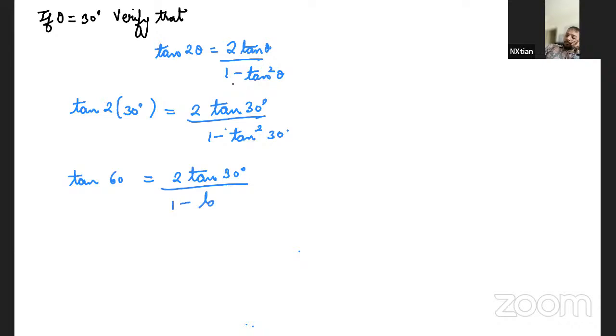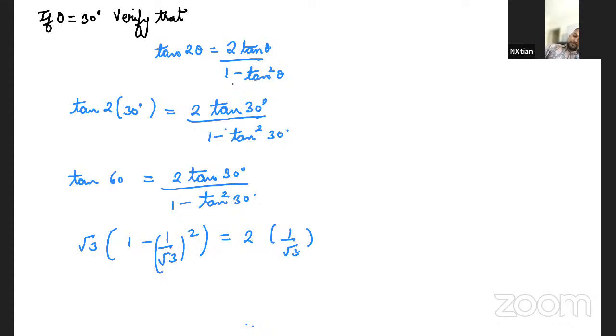Tan 60 value is root 3. So root 3 multiplied by 1 minus 1 upon root 3 square is equals to 2 into 1 upon root 3.